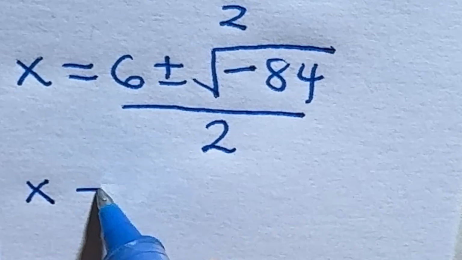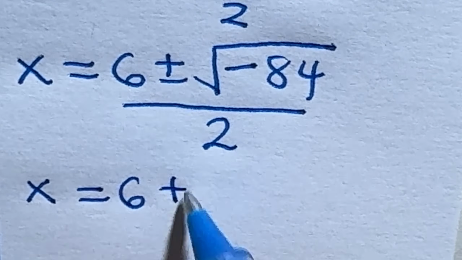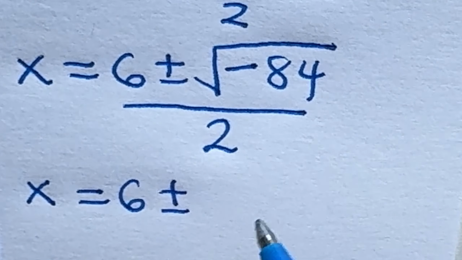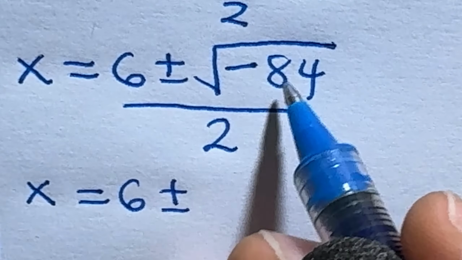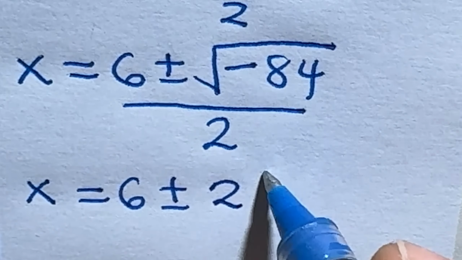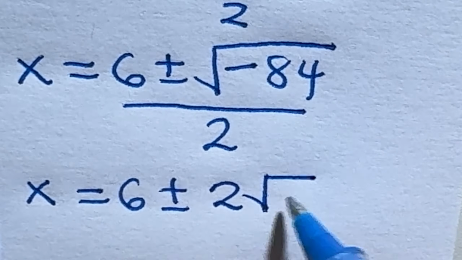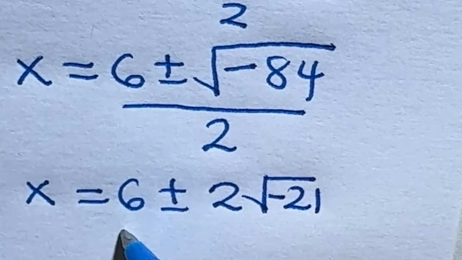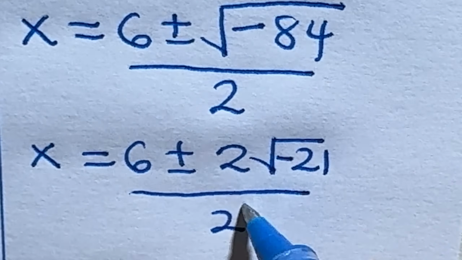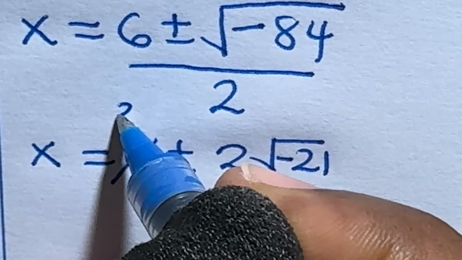Then x will be 6 plus or minus, if you use surds to break this down, you will get 84 is 4 times 21, so that's 2 root negative 21 divided by 2. We can divide here.